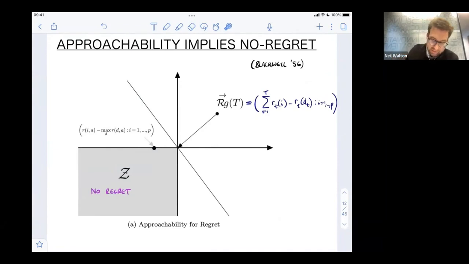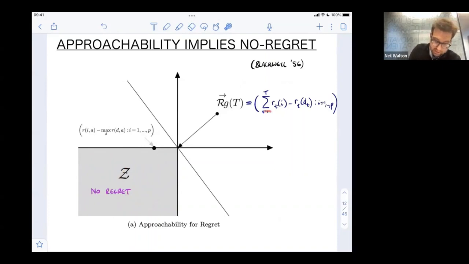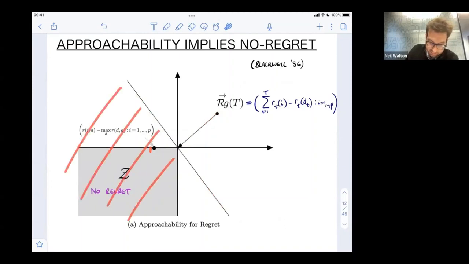In order to get that, you can phrase the problem as one of these approachability questions. My vector of regret, I want it to be as small as possible, so we want it to be in this no-regret region, this polytope over here. For whatever state we're in, there's a decision that I can make that always belongs to that set, and so whenever I project down onto my hyperplane, there's also a decision that I can make that lies on this side.